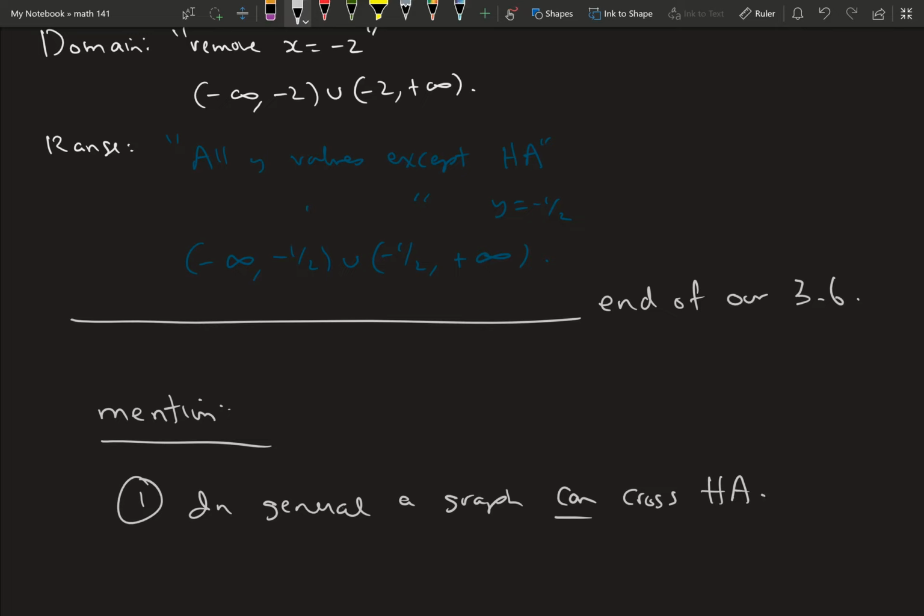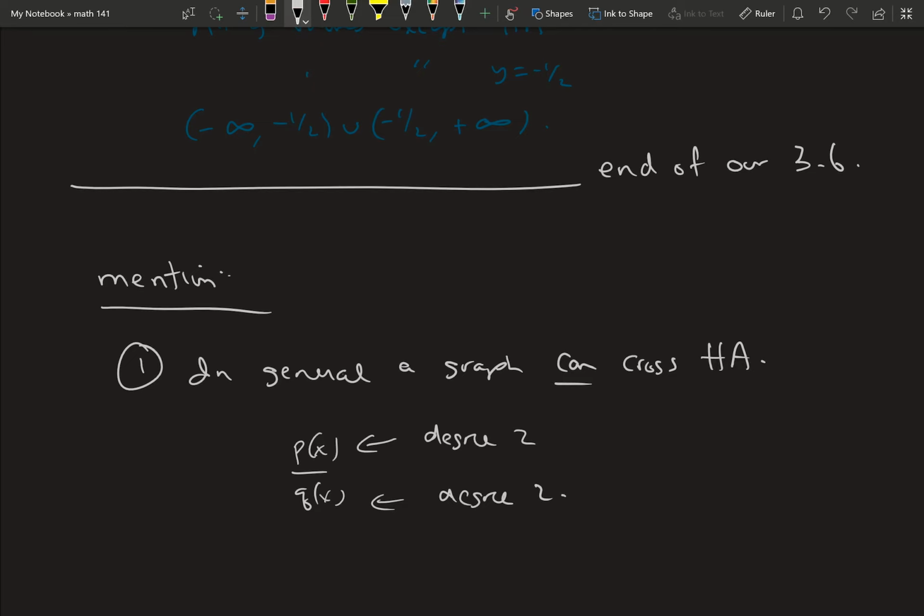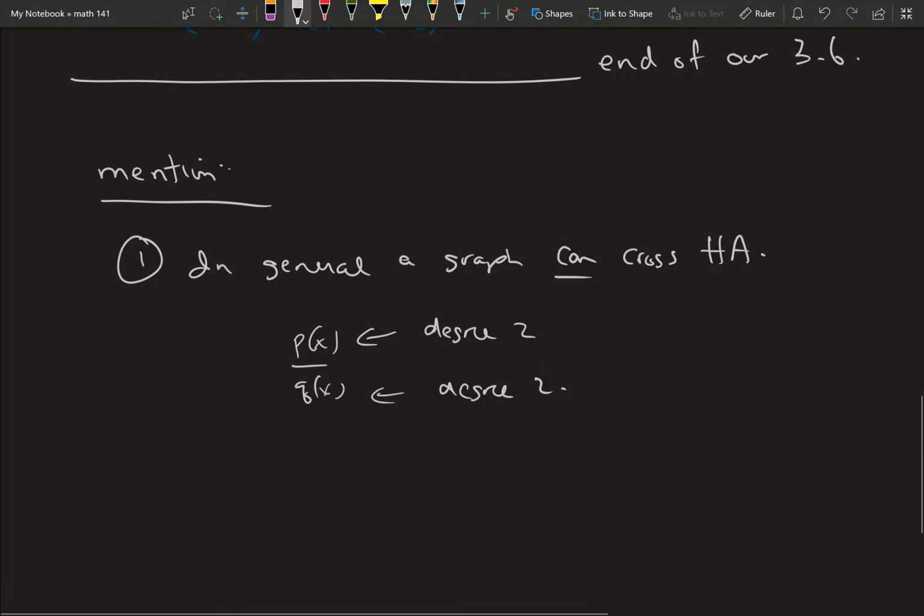We've never seen an example like this, but as you go to higher degree polynomials, if you have p of x over q of x, where these are both degree 2, like you have an x squared term in it, then there is a much more likely possibility of crossing a horizontal asymptote. That's one thing I wanted to make mention of, that we didn't do degree 2 polynomials, which if you do calculus, you'll definitely cover.